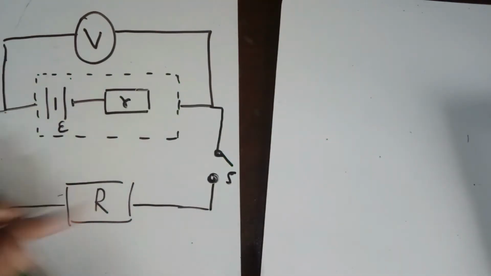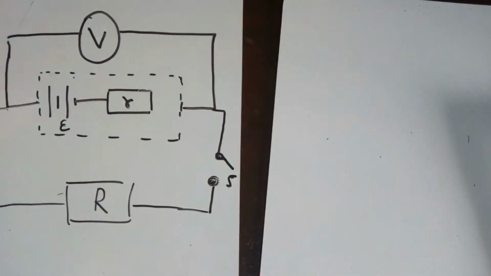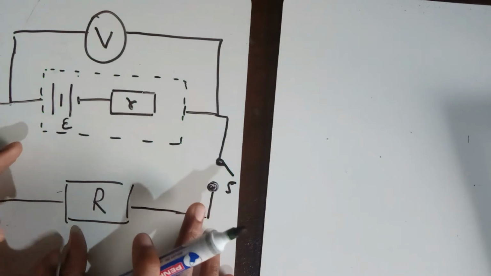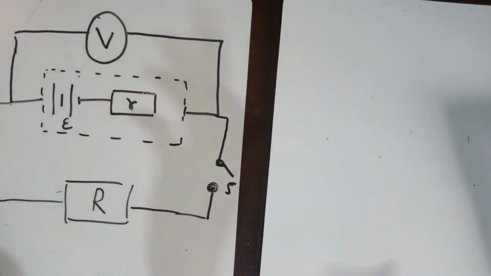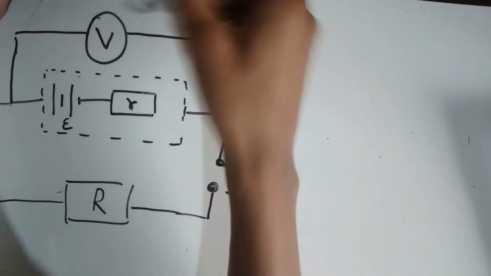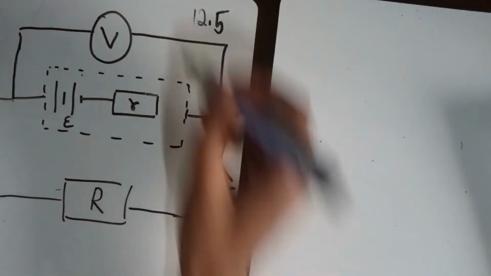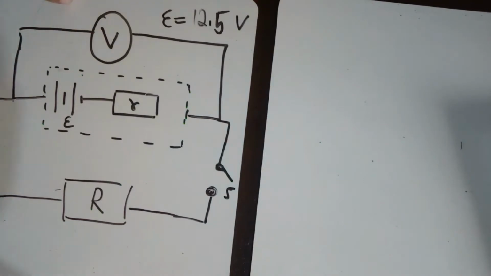So there's no current flowing through the circuit at all, meaning the battery is not connected to the external circuit. You're going to get a reading. Let's say you get a reading of 12.5. That reading that you get will be the EMF of your battery.